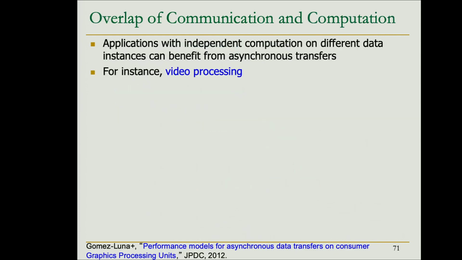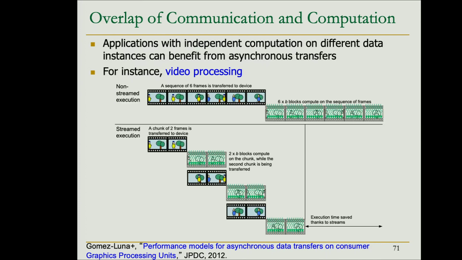And as I said, it will depend on the specific computation, but for example, video processing is a very good use case for this overlapping of communication and computation. You have a sequence of frames here. If you need to compute on each of the frames of the video individually, you will need to transfer the entire video and then compute.